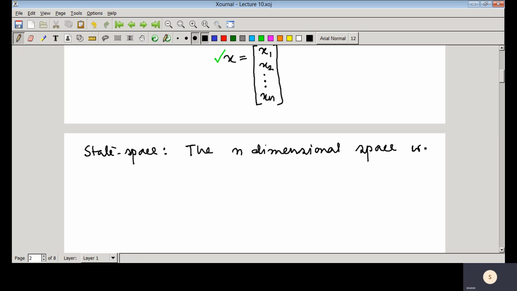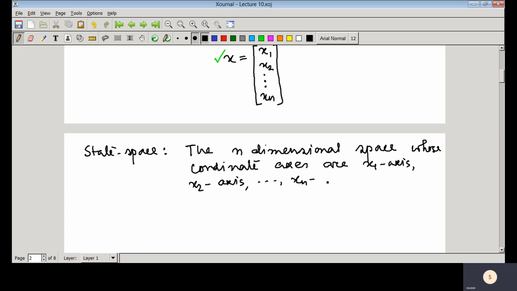So in case of n number of state variables, the n-dimensional space whose coordinate axes are x1 axis. That means each axis is represented by one state variable, x2 axis, and so on.